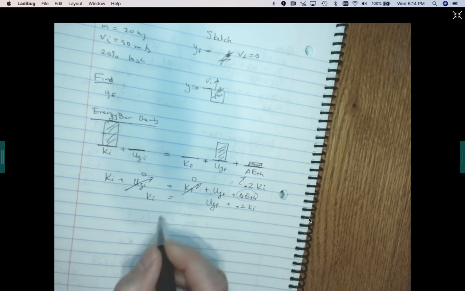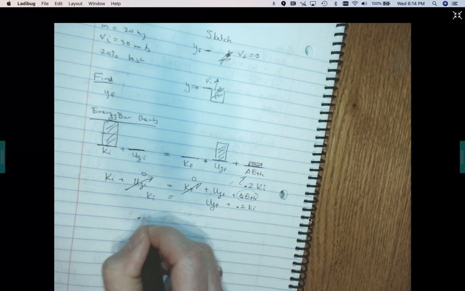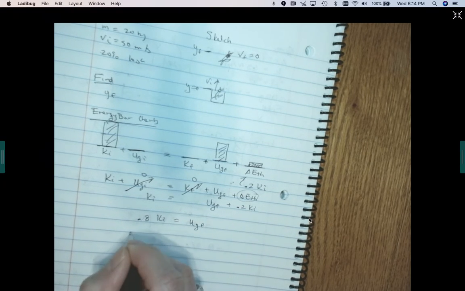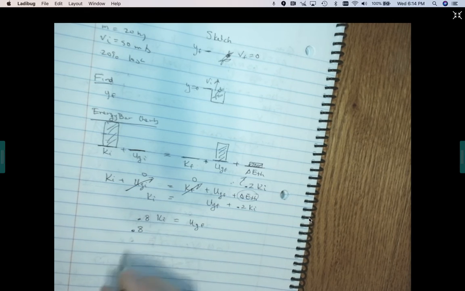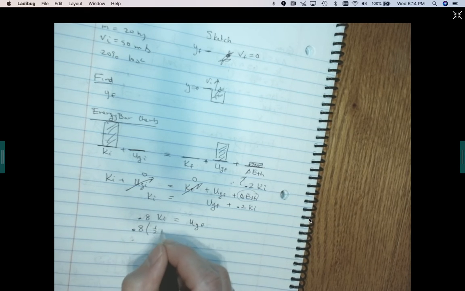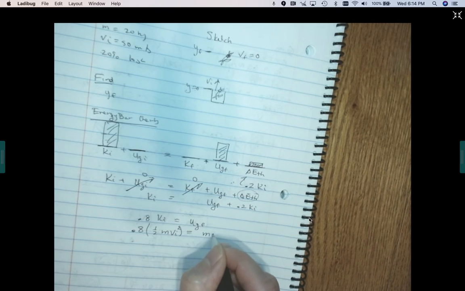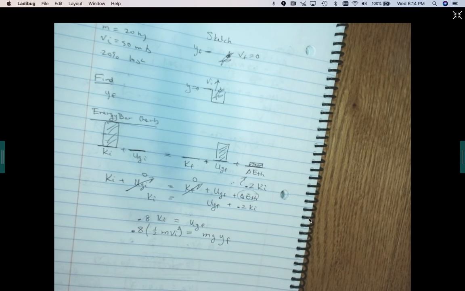So if we subtract this from the other side, we have 0.8 times our initial kinetic energy is our final potential. So now we can expand out into our formula: 0.8 times 1/2 m v initial squared equals m g y final.